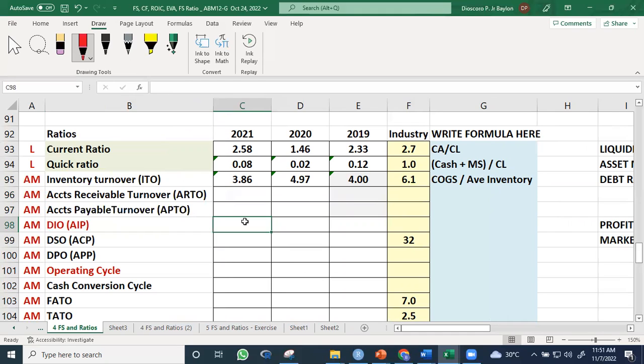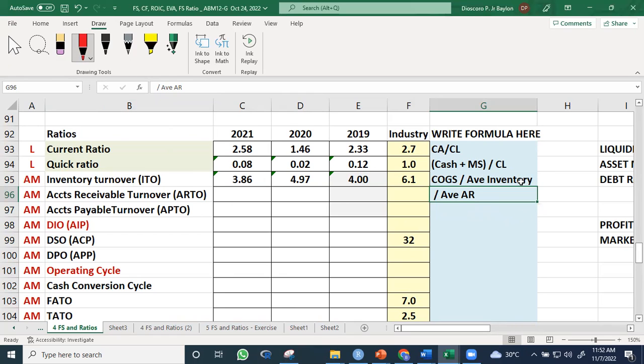Okay, what's the formula for ARTO? Accounts receivable turnover. Obviously, guys, kung ano yung tina-turnover, yun ang nasa denominator. So we know, class, that the denominator here should be average AR. Okay, kasi yun ang tina-turnover natin. Nagiging divisor siya. Okay, ang question ngayon, ano yung numerator niya? Ano yung partner ni AR?